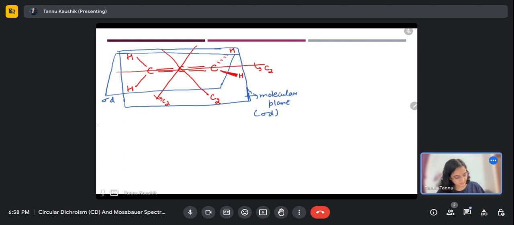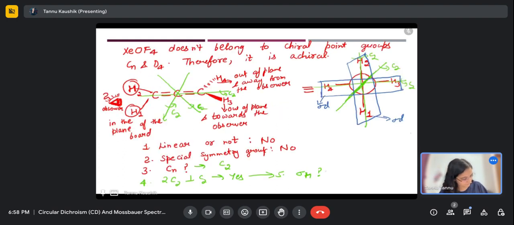So we don't have a horizontal plane. Yes.